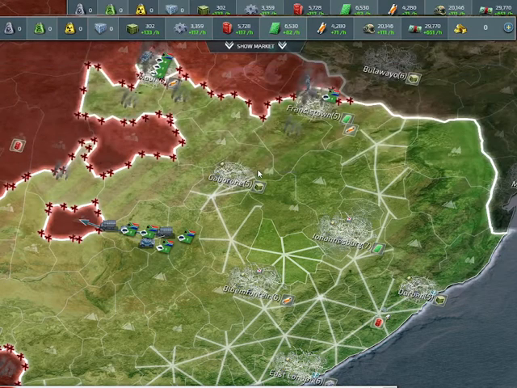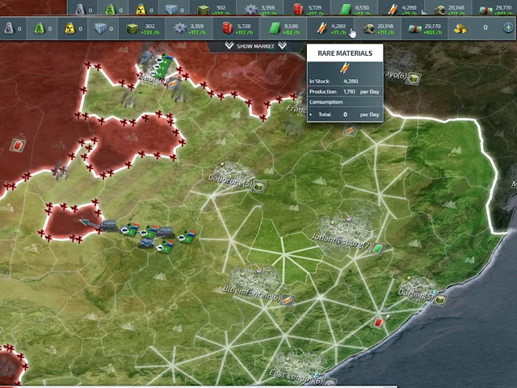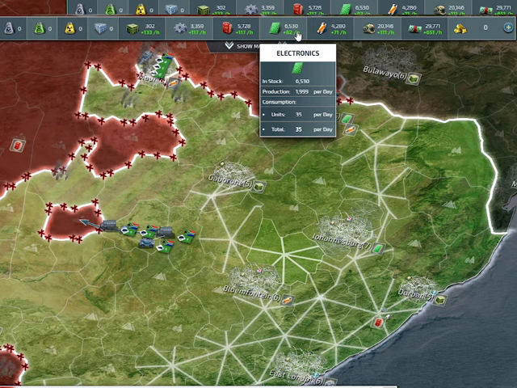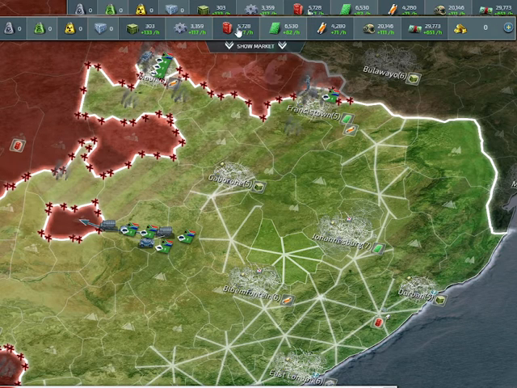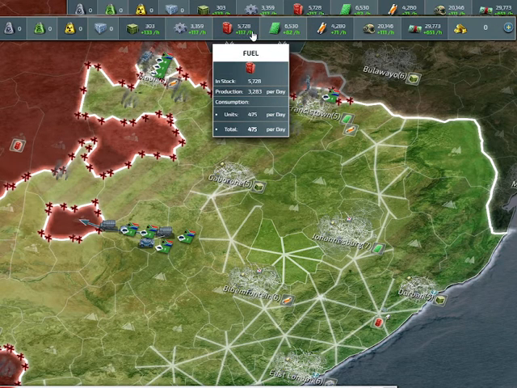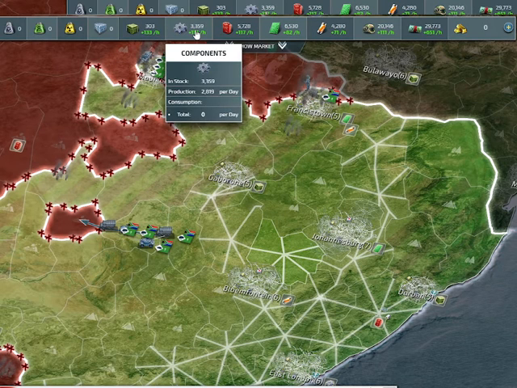So how do I balance that? Well, I would take this 280 and put it up for sale, between 8 to 9 credits per unit. This 530 I would put up for sale. Components I would try at about 7 to 6 credits per unit. Fuel, I'll take that 728 and put it on sale for 4. Then I would buy what I'm running short of.